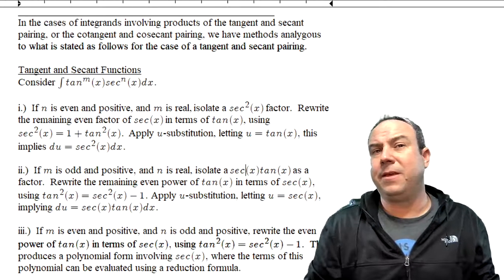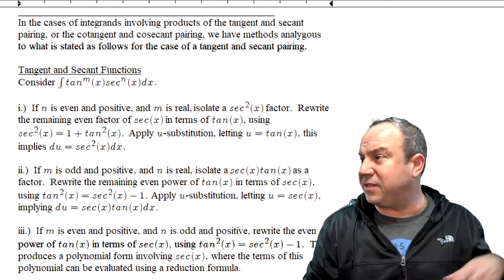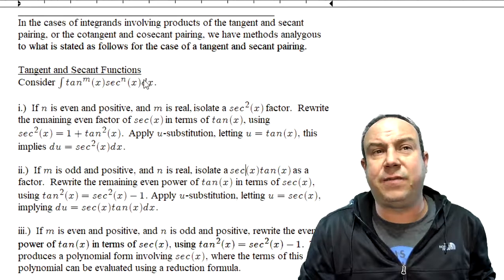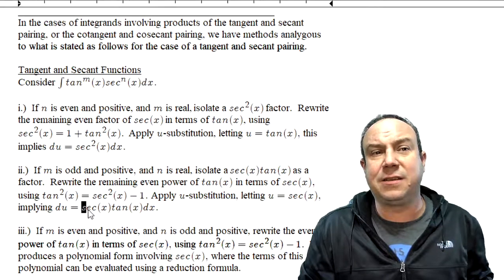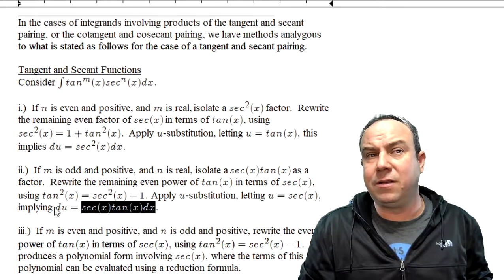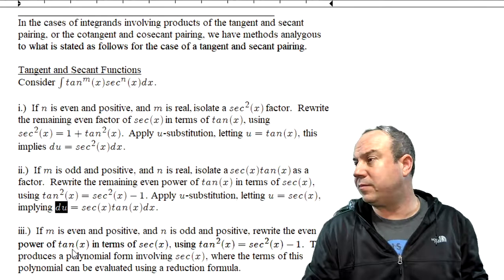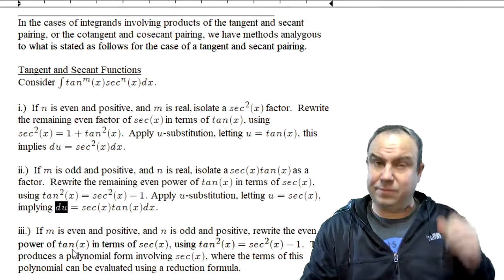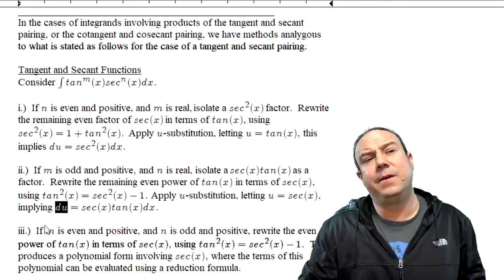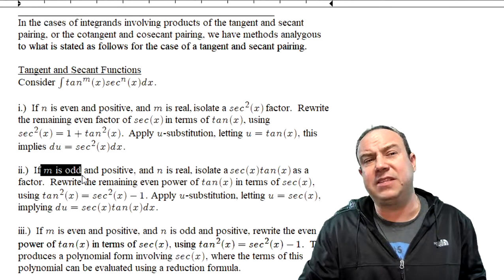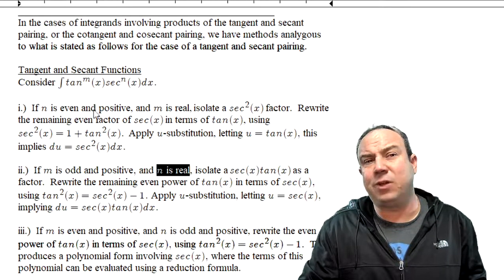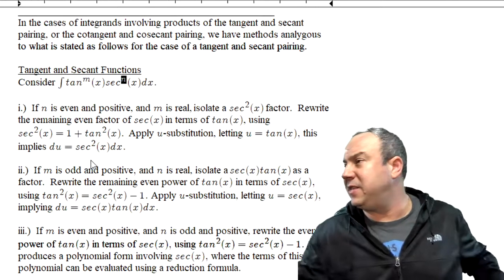That's the secant of x tangent of x that's going to replace itself along with this dx down here with the value of du. Now, that's if m is odd and n is real. If the power on the tangent is odd and the power on the secant is real.